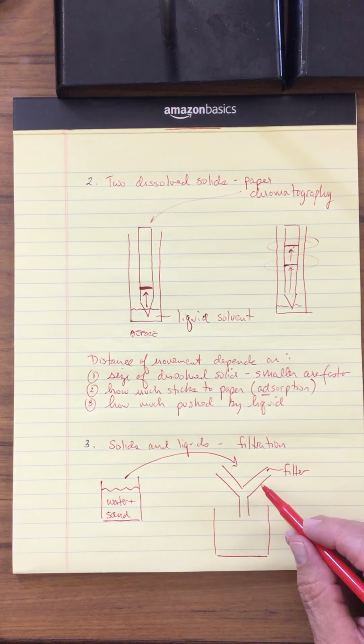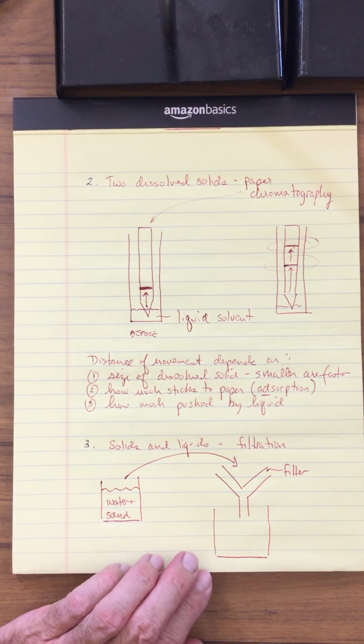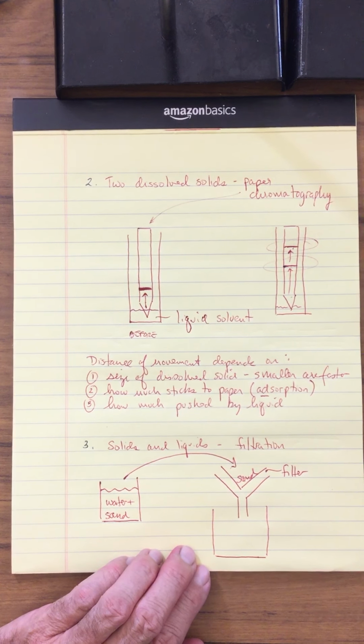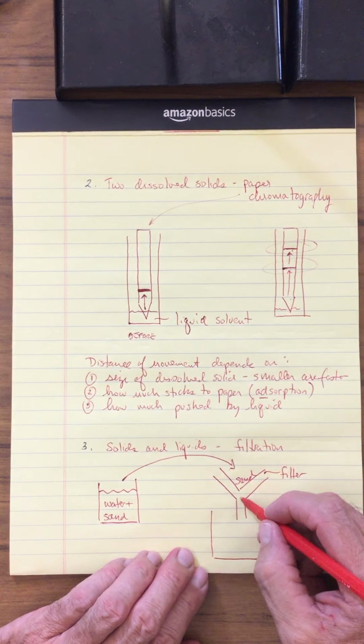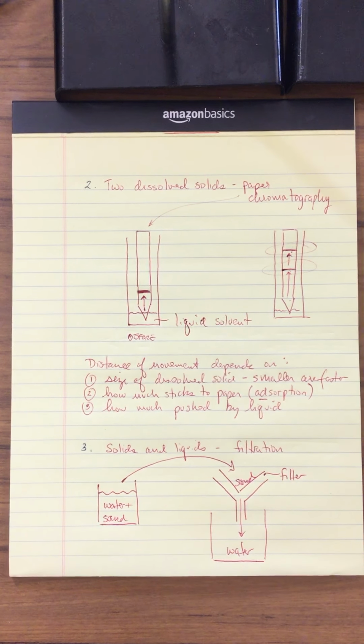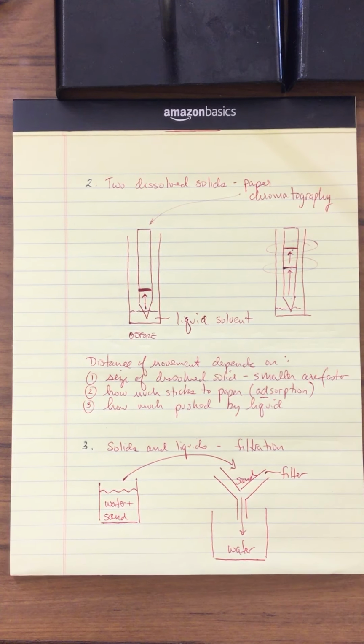When you pour the water and the sand in the filter, it's like a coffee filter. The solids are going to get stuck. So your sand will get stuck here in the filter, and then all of the water will drip through. And then we will have successfully separated solids from liquids.